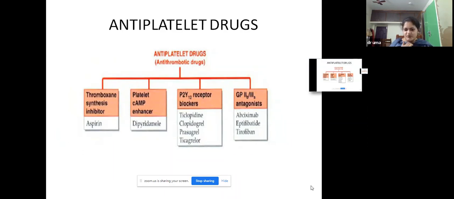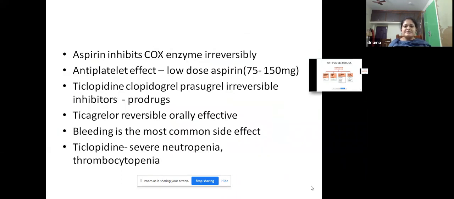Reversible P2Y12 receptor blockers. GP2B3A antagonists are abciximab, tirofiban, eptifibatide, and apixaban. Aspirin irreversibly inhibits the cyclooxygenase enzyme, and the antiplatelet effect is exerted at low dose aspirin.